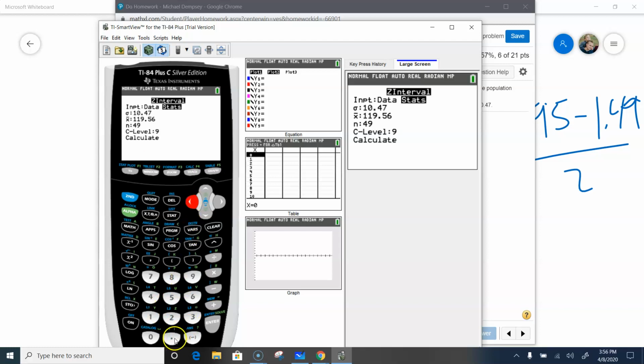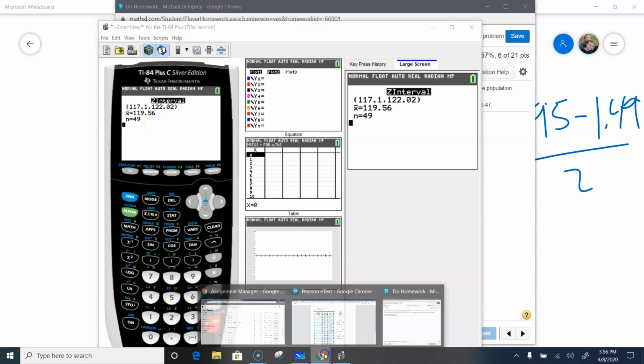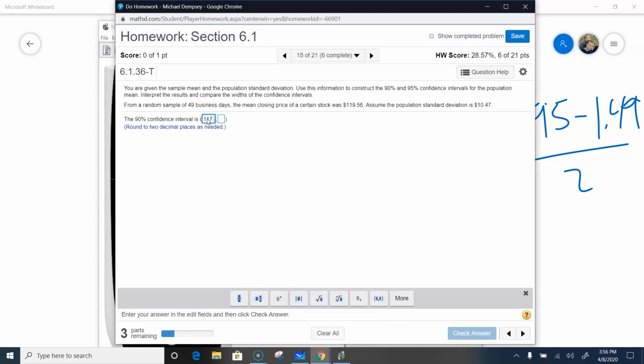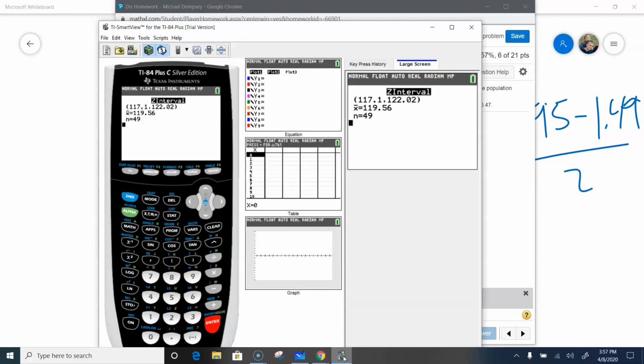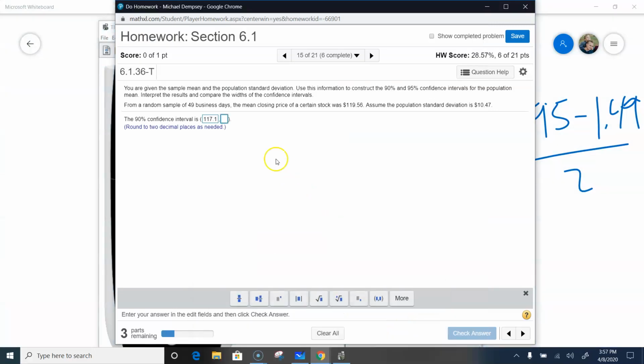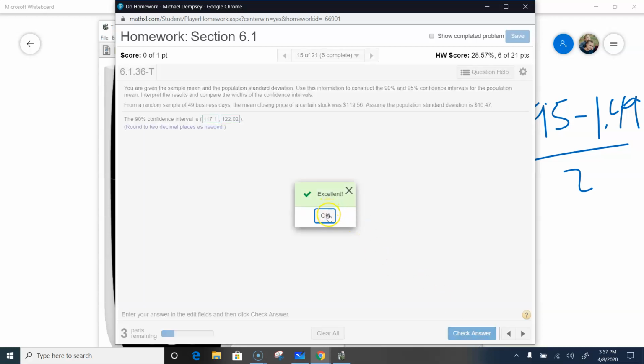Make sure you put a decimal in there. It's 0.9. And then it'll be easy to rerun it for 95%. So for 90%, we've got 117.1 to 122.02. And we're good on that.